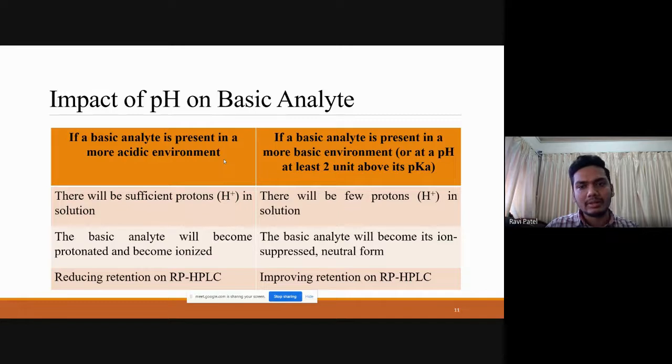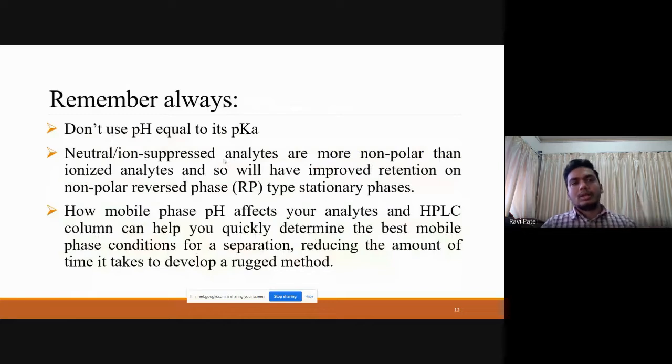Similarly, if basic analytes are there and we select a basic mobile phase pH, then the drug will remain in non-ionized state, more non-polar in nature, interact with the stationary phase and improve the retention.